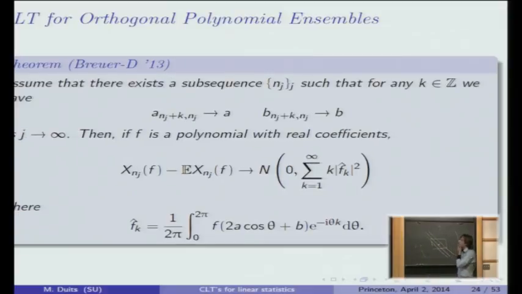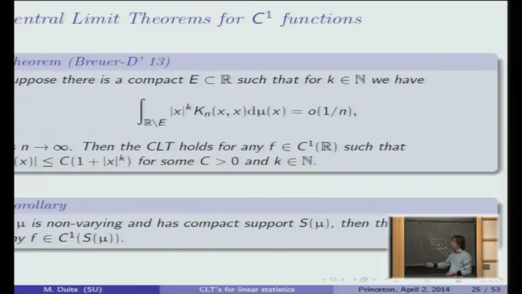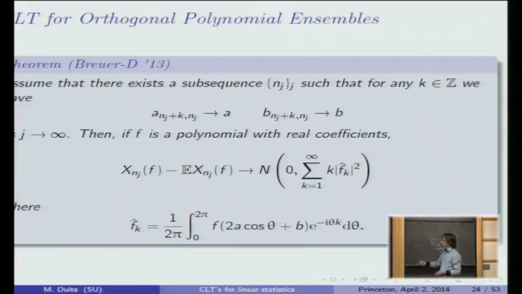Now, you can do a little bit better. You don't even have to have that this converges along each n, but you can actually also have convergence along subsequences. The same principle applies. And we also have a theorem there that you can have central limit theorems along subsequences. Okay? And so then everything depends on the subsequence, of course.